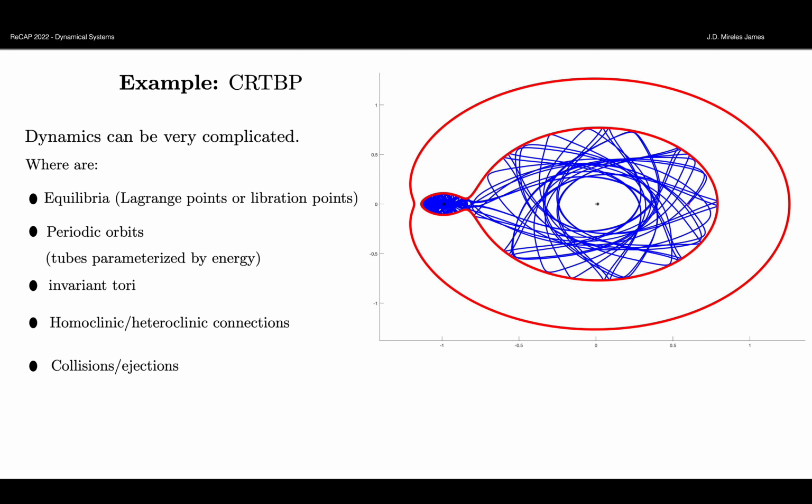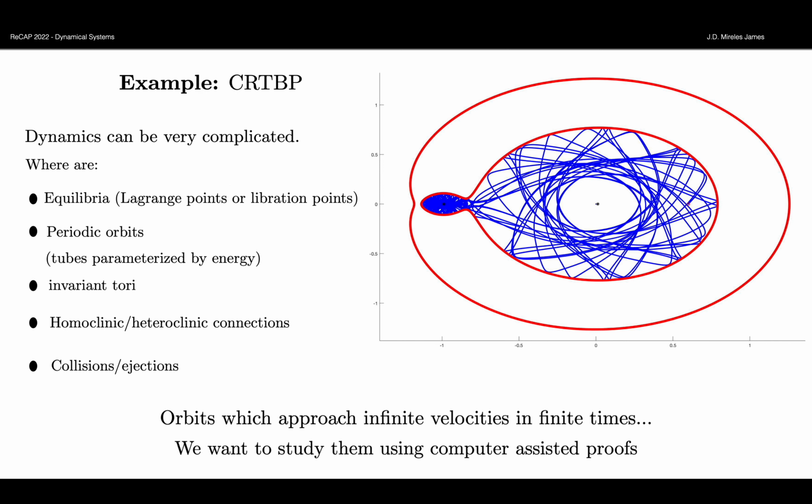These collisions and ejections, of course, make the phase space more complicated than it might otherwise be. There are maybe lots and lots of orbits that only exist for a finite amount of time and whose velocities go to infinity in finite time. But those are exactly the orbits I'd like to study today. So we want to do computer-assisted proof with orbits whose velocities go to infinity in finite time.